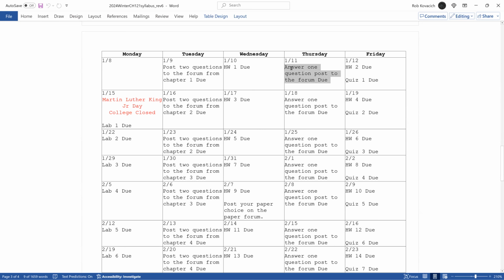And by Thursday, you need to make sure that you've answered the question that somebody else posted. Every Monday, you're going to have your lab due. And then you'll have quizzes due on Fridays. And all of these things are due through the end of the night. So at 11:59 p.m., if you haven't turned them in by then, it's going to be late after that.